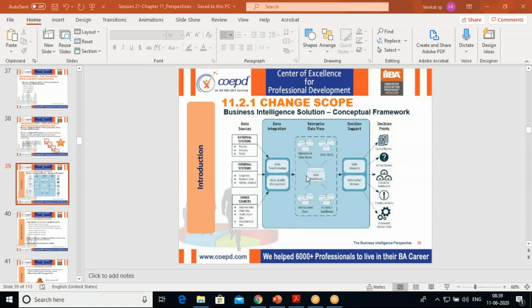Now for decision making, we do some data mining or run some business intelligence algorithms, and from there we take reporting data or decision support data. From there we view it from different perspectives, looking at the same data from different angles, and we take different decisions based on it.